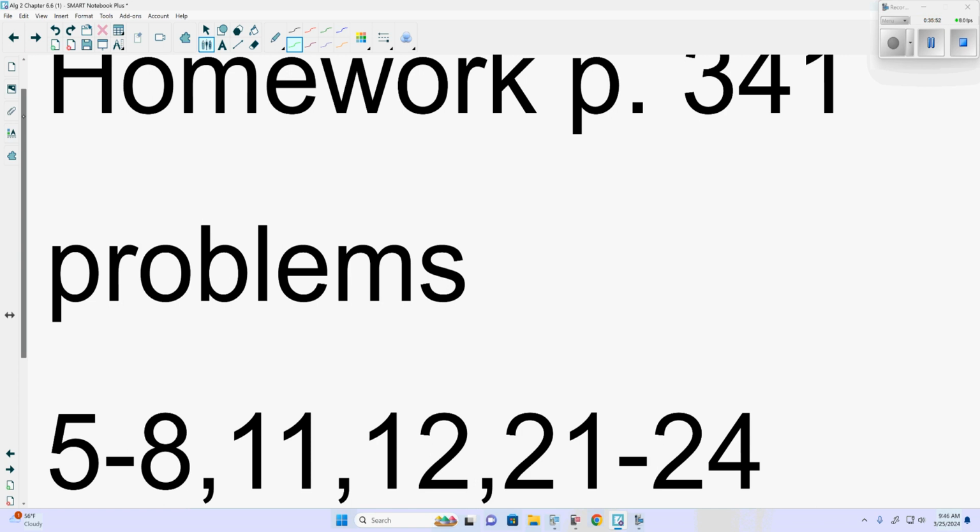So 5, 6, 7, 8 are what we started out with. 11 and 12 are the same thing, but we just got to get the bases to be the same. Because 5, 12, I believe we can actually rewrite as 8 to a power, or 2, it's up to y'all. 21 through 24, the logs are the same, so set what's inside equal.